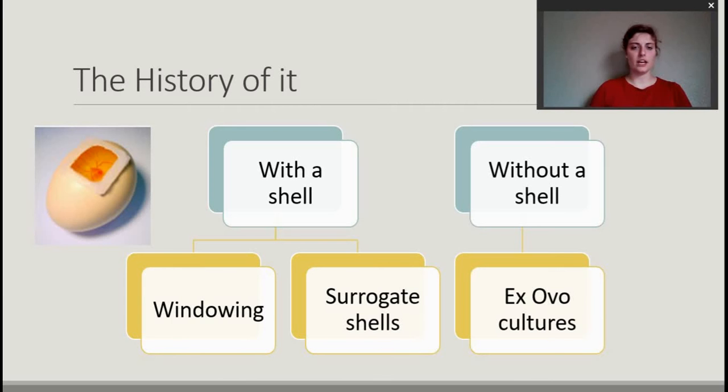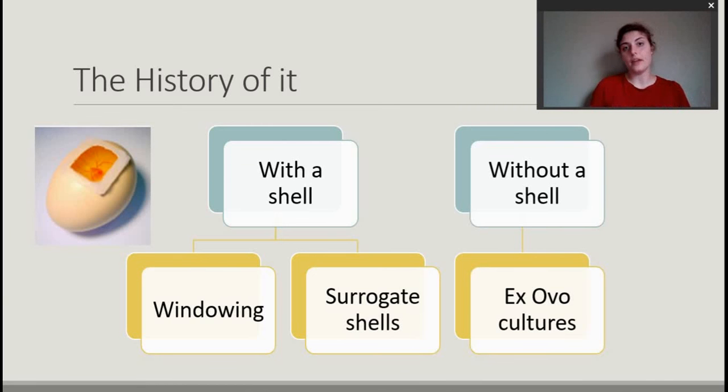The next thing that was done to try to view these chick developments was the process of a surrogate shell, which is extremely similar to windowing. The only difference is that you take the embryo from the chick egg, say, and you place it within a larger eggshell, say a duck, or in extreme cases maybe an ostrich, although that probably wouldn't provide the necessary covering and insulation.